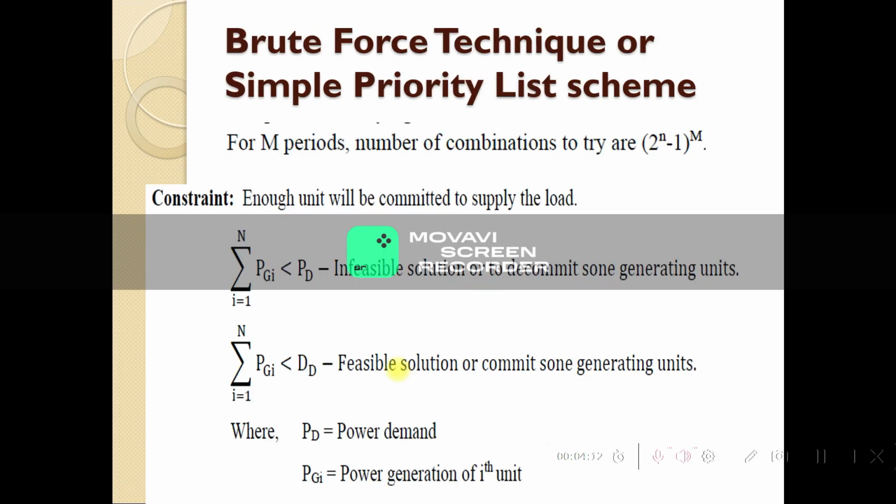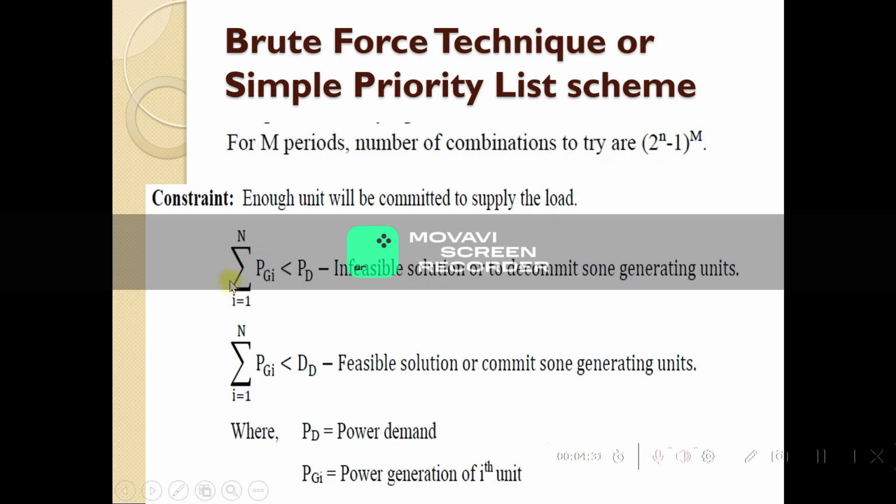First, the brute force technique or simple priority list method. In the brute force technique, for M periods the number of combinations to try is given by the formula (2 power n minus 1) power m. Constraint: the units committed will supply the load.